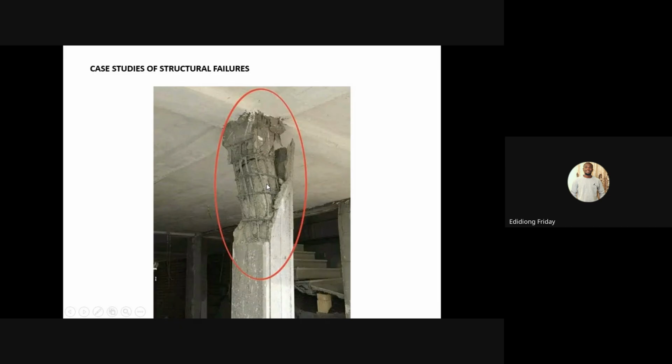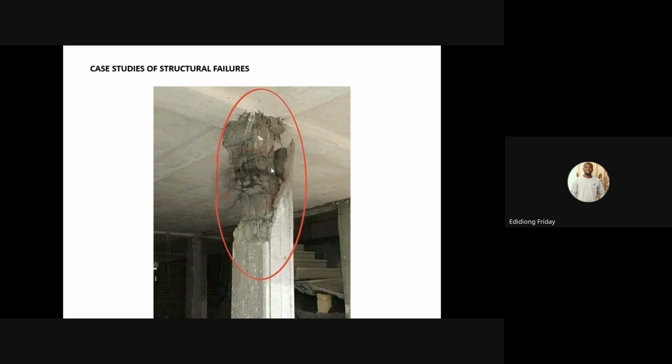Like we said earlier, the remedials are the same: either complete demolition and reconstruction, or partial demolition, or retrofitting, or introducing other columns to reduce the compressive stress coming on this column.